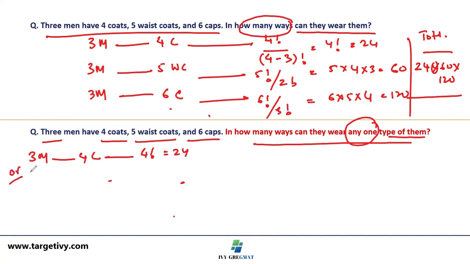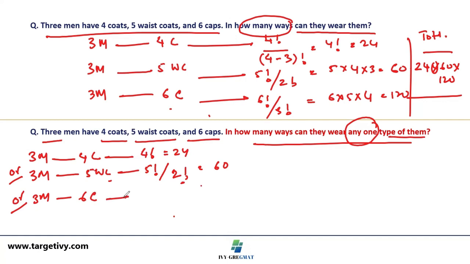Or 3 men, 5 waistcoats, makes it factorial 5 by factorial 2, makes it 60 arrangements. Or 3 men having 6 caps can make it 120 ways.